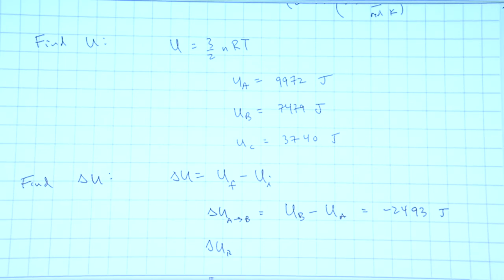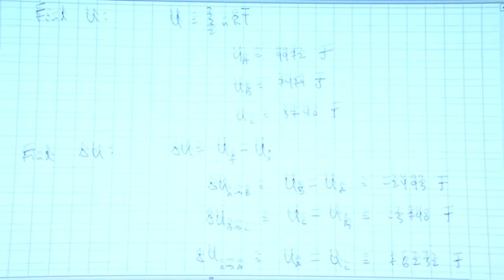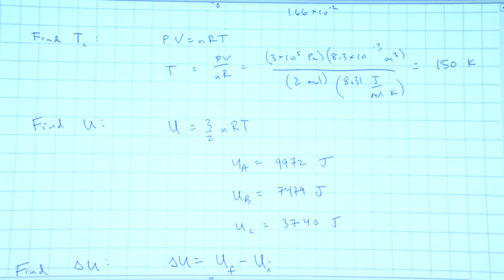Delta U, B to C, UC minus UB, negative 37.40 joules. And delta U from C to A is the energy at A minus the energy at C, and this is positive 62.32. Let me write those in.